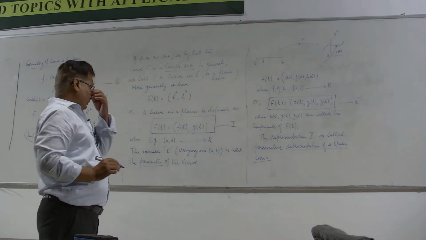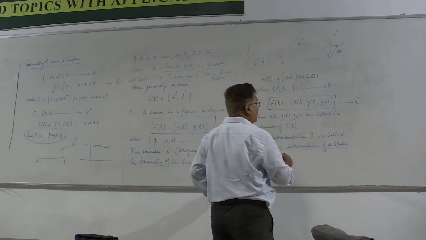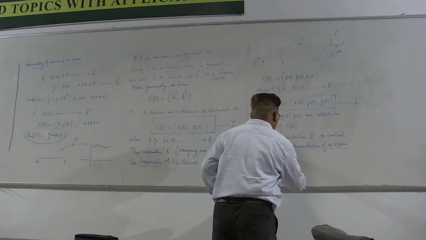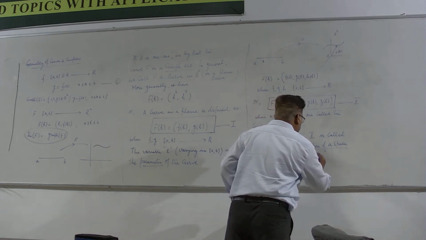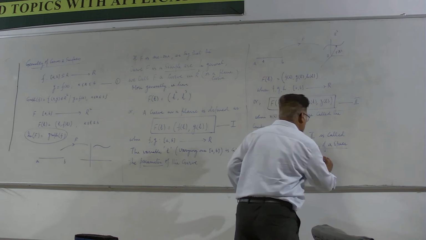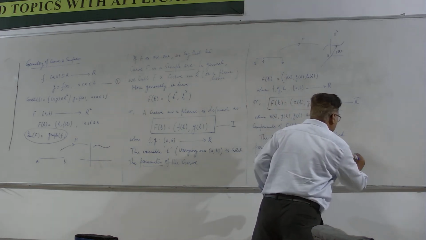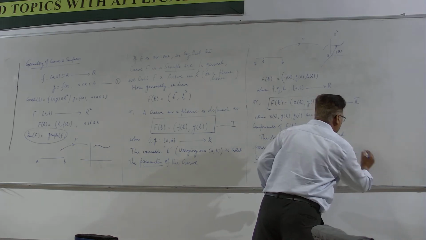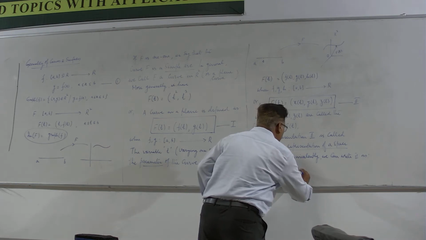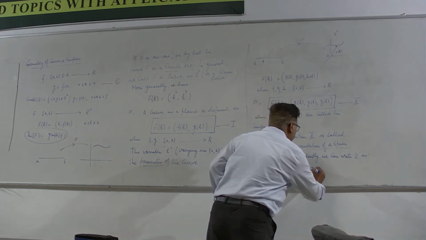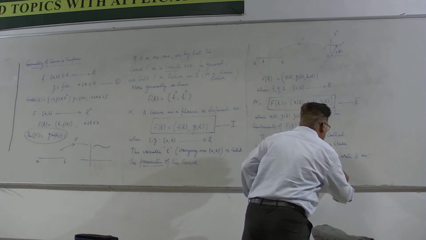We can also write it as 3 equations, or equivalently we can write 2 as follows: x equal to x t, y equal to y t and z equal to z t.